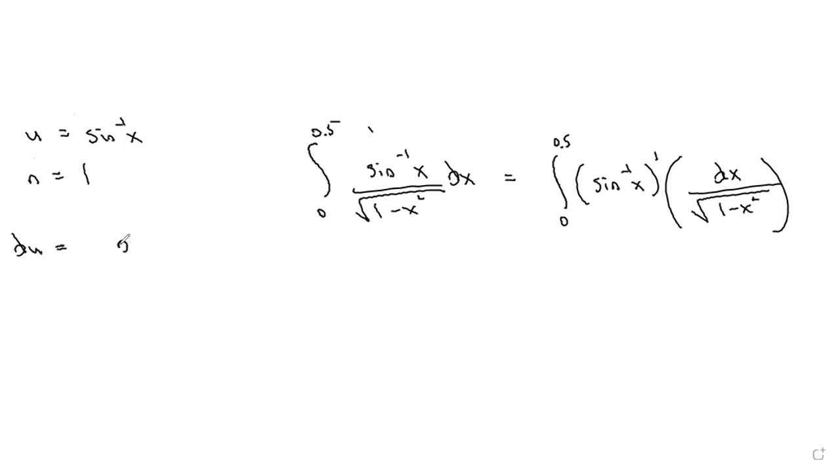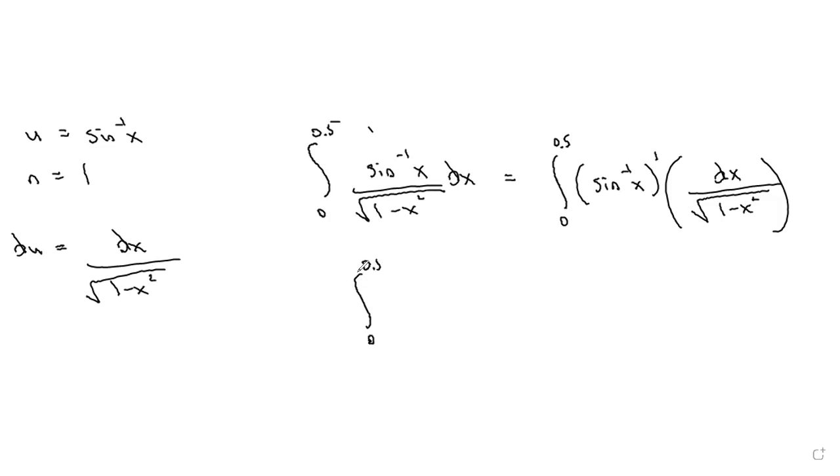So we'll put the dx on top, and then on the bottom you get the square root of 1 minus x squared. So it is in the correct format. It's u raised to the 1 with du sitting next to it. But again, one thing that's unfortunate about these is that you do have to have a lot of solid pre-knowledge in order to do these. So this is in the format.